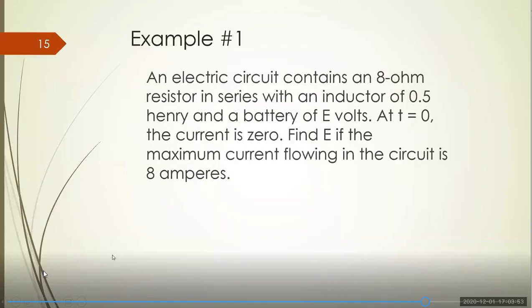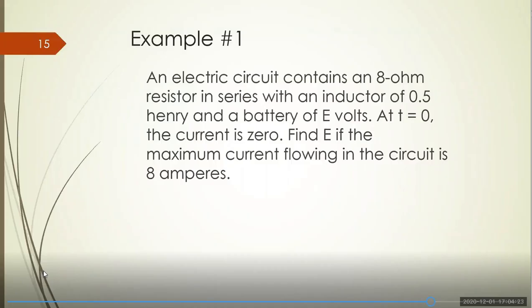So let's try this one. An electric circuit contains 8 ohm resistor in series with an inductor of 0.5 Henry and a battery of E volts constant. At time equals 0, the current is 0, and then find E if the maximum current flowing in the circuit is 8 amperes.